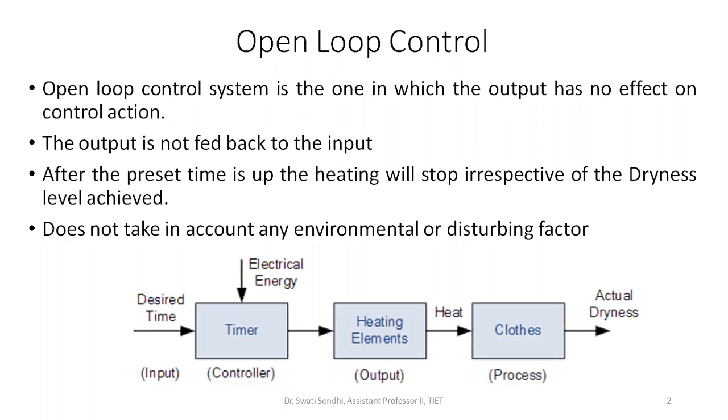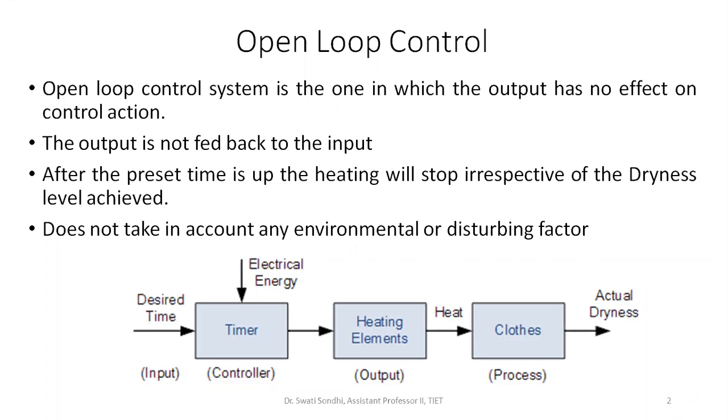If you see the example in the figure, suppose you want to dry clothes. You have a timer, some heating elements, and the clothes subjected to the heat generated by the heating element. In this case there is no comparison of output and input at any time. The best you can do is set a timer, estimating the time in which the clothes will be dried.